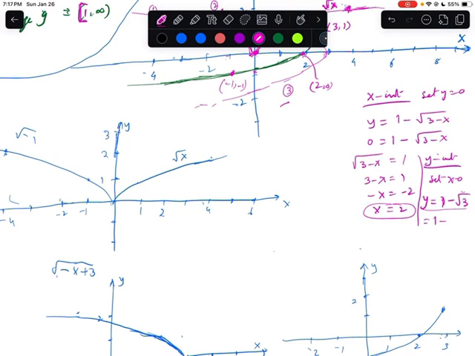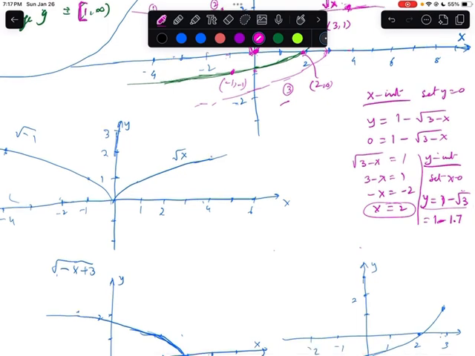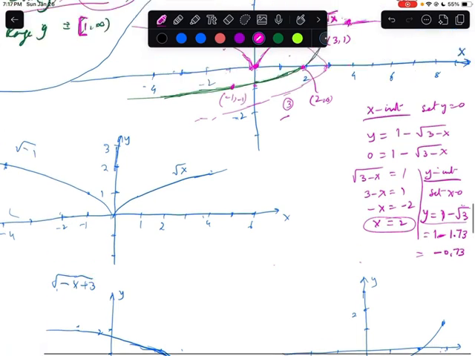The approximate value of square root of 3 is 1.7 in one digit. If you go to 2 digits, it will be 1.73. So it will give us basically negative 0.73. This will be your y-intercept.